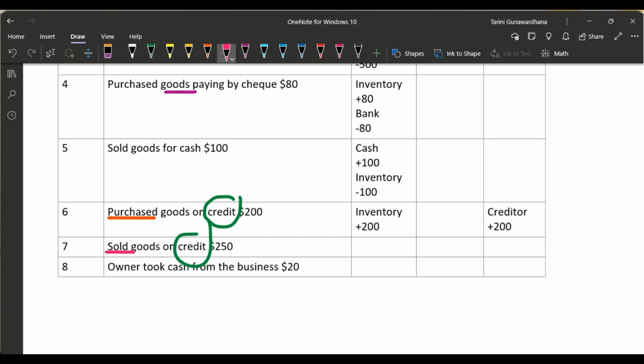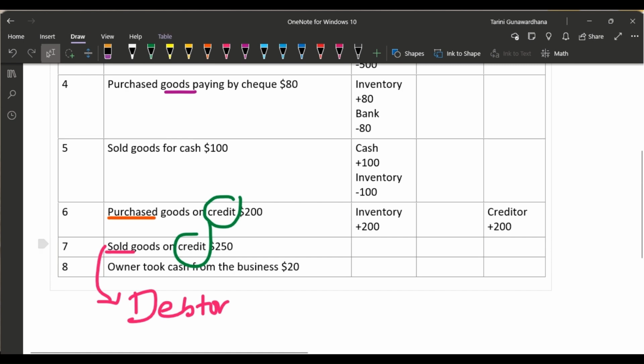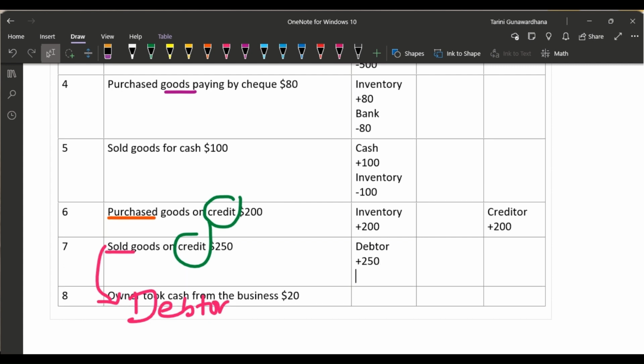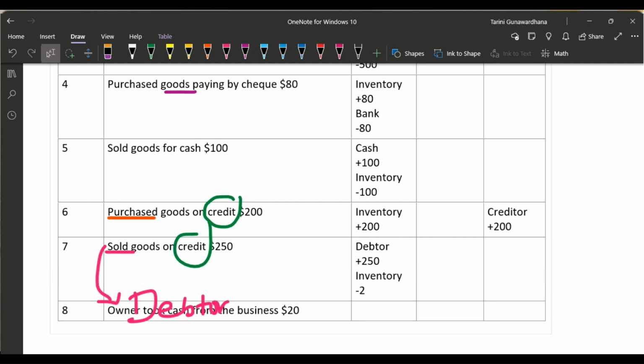Future economic benefit. So here the person involved is called the debtor. That means asset, which is the debtor, will increase plus 250. Whereas we are selling goods, right? When we sell goods, our inventory level declines. Inventory minus 250.